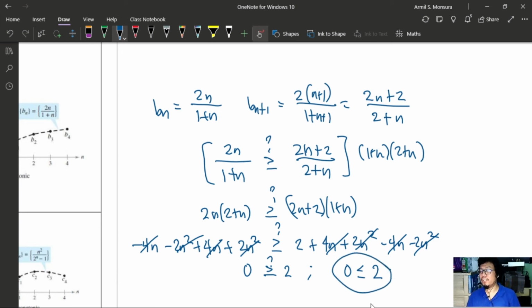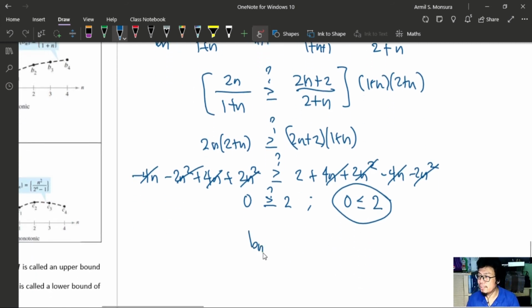So instead of bn greater than or equal to bn plus 1, what is true because of the results of our proof is that bn is less than or equal to bn plus 1.